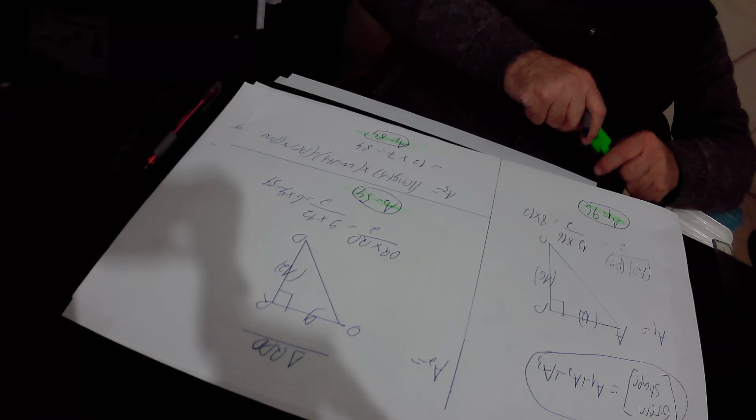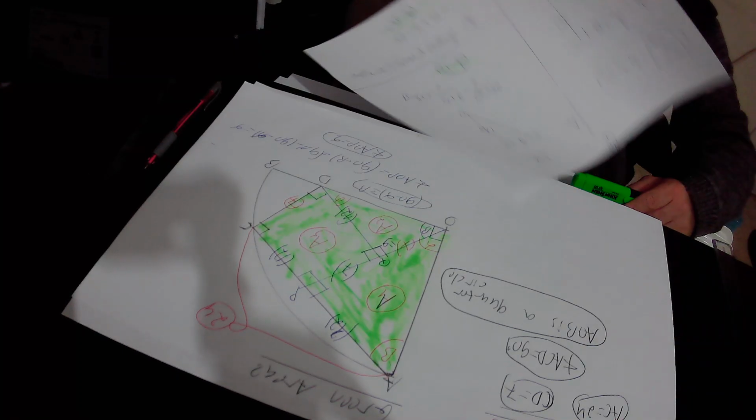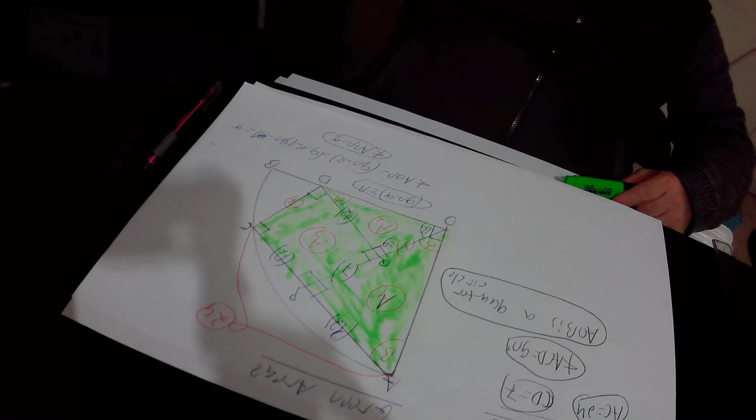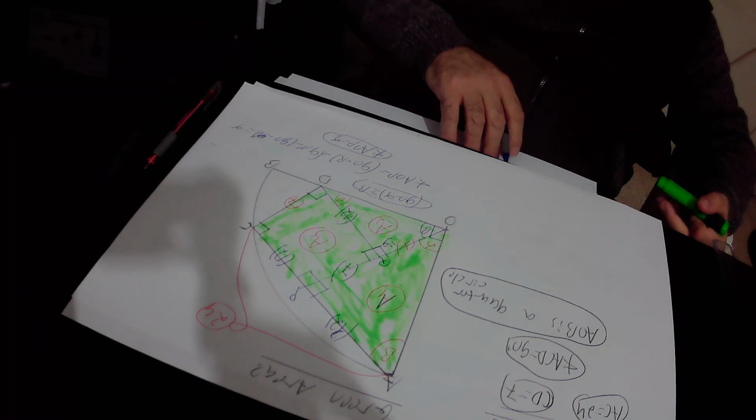I'll repeat again that the total area of the green shape equals A1 plus A2 plus A3, so I write it down.